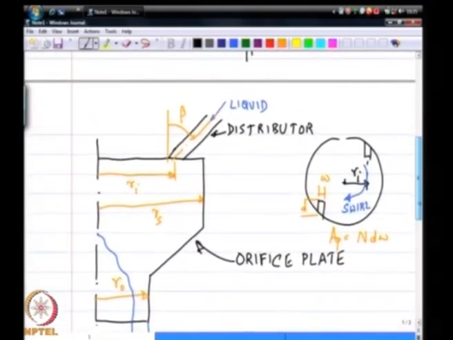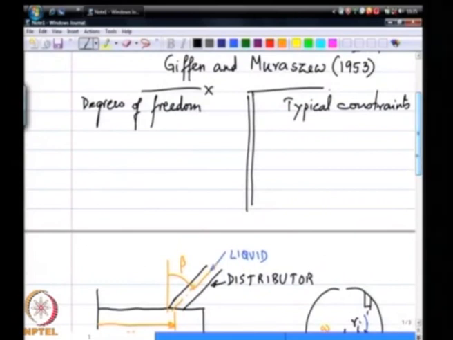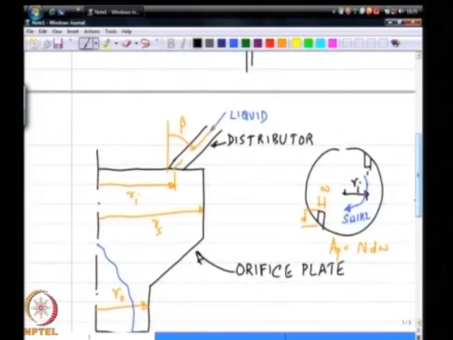For example, the degrees of freedom available to me are N, D, W, R I, R S. I will add a few more.